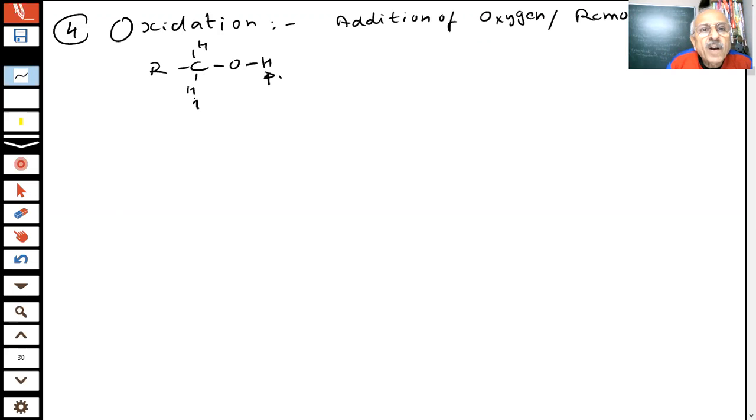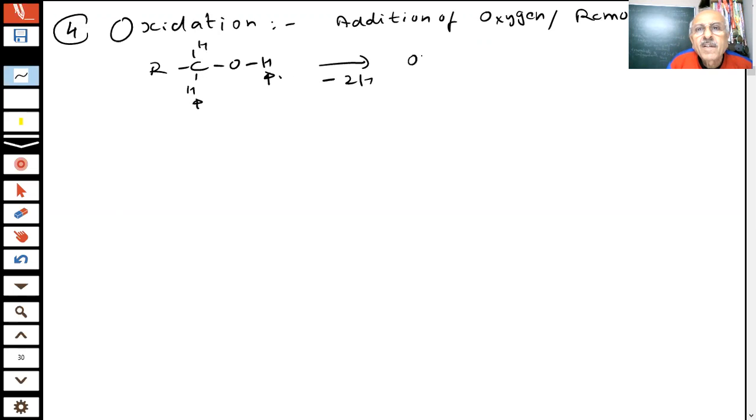There is a hydrogen on this carbon. There is a hydrogen here. Is it there or not? I have to get rid of these. These 2 hydrogens have to go out. If I remove these hydrogens, students, what is going to happen?